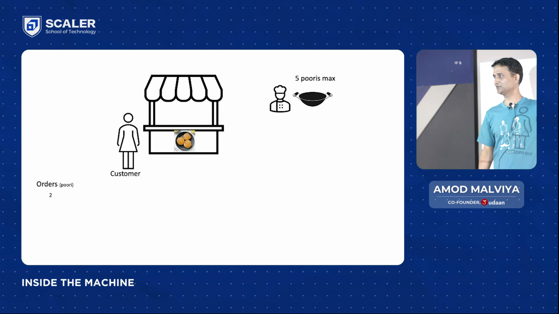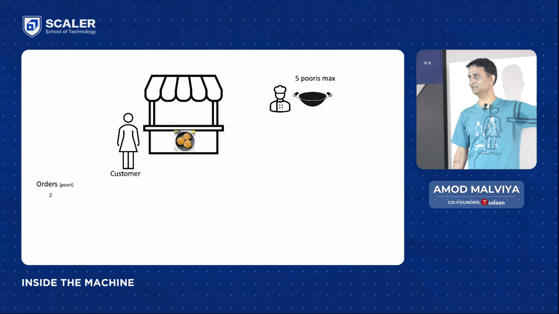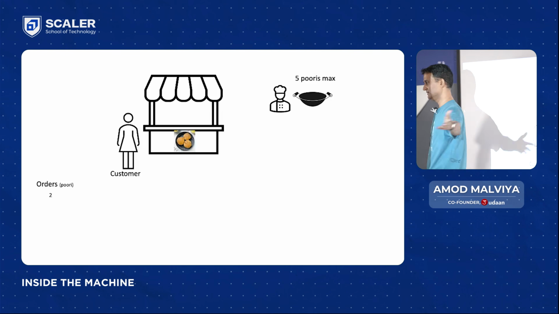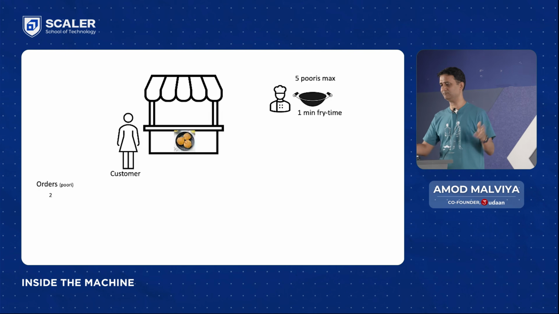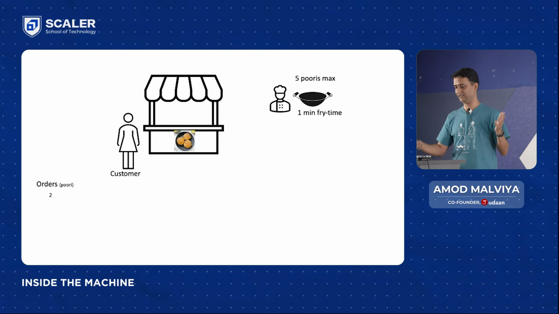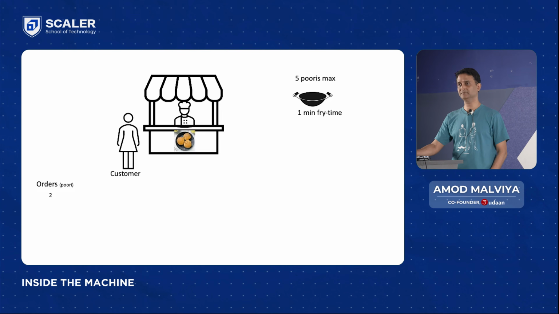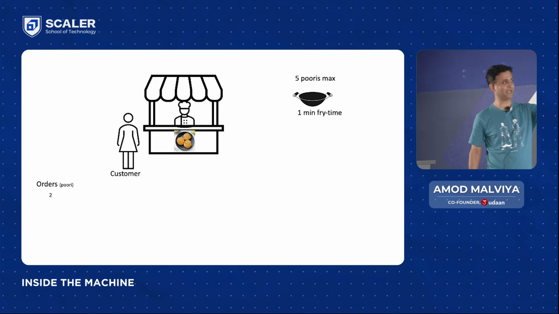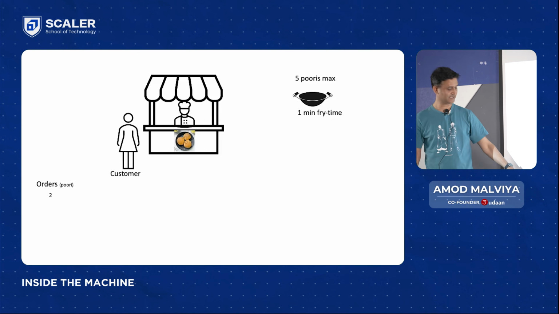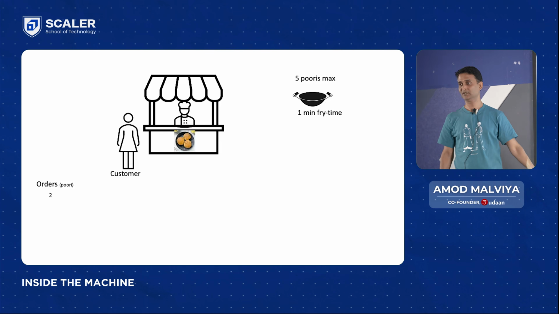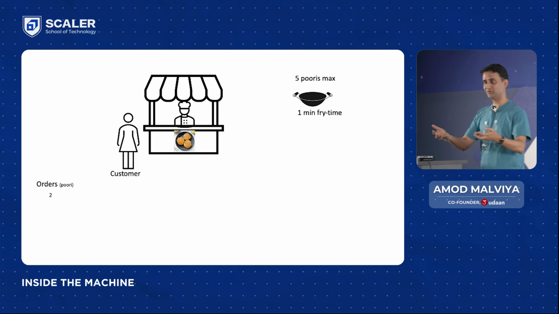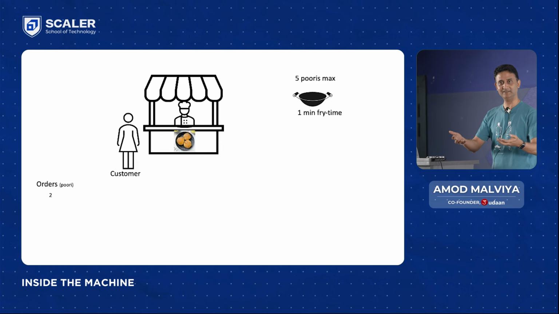The cook goes away from the stall to the behind-the-scenes setup and starts frying the puri. Let's say that each puri takes 1 minute to fry. In how much time will this person get back the puri? 1 minute, right? Remember, 5 puris max. How many puris did the customer order? 2. So both puris can be fried at the same time, right?